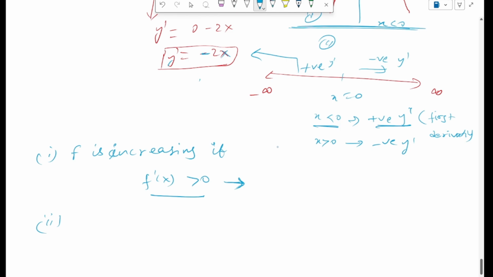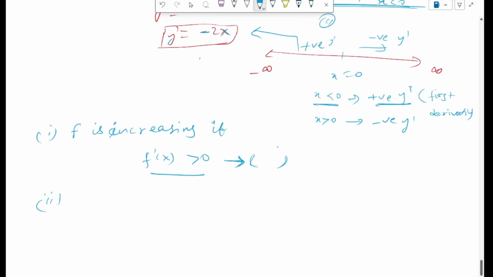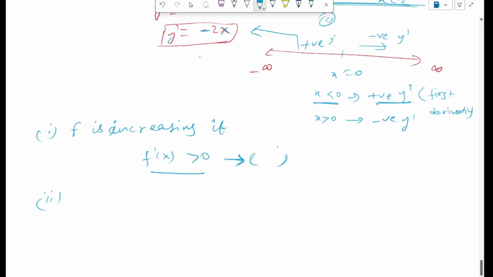It won't always be the complete domain, there will be some associated interval that will come based on the nature of the question, or more accurately the nature of the function, and f is decreasing if f dash x is less than 0, right?